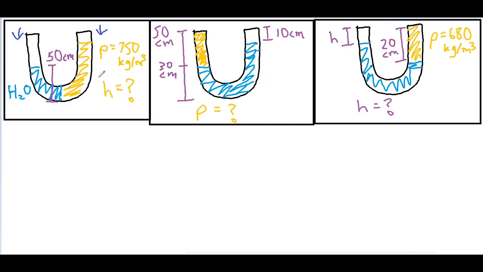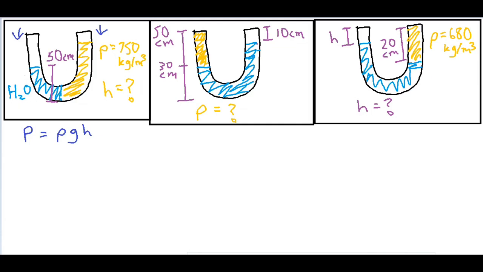And on this side over here, we have some kind of unknown fluid that has a density of 750 kilograms per meter cubed. We're going to figure out what exactly that height is based on that density of that fluid. Now, what we need to do is use the formula pressure equals rho g h, and we're going to set up rho g h on each side of the manometer.